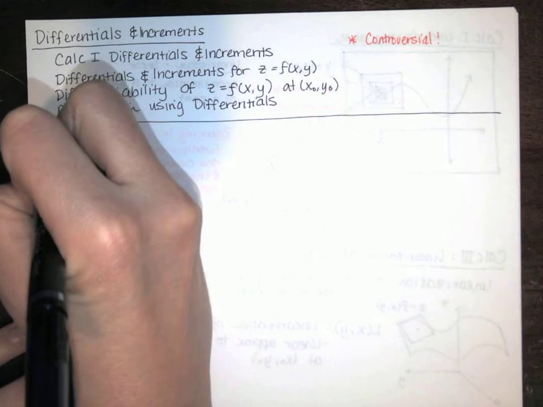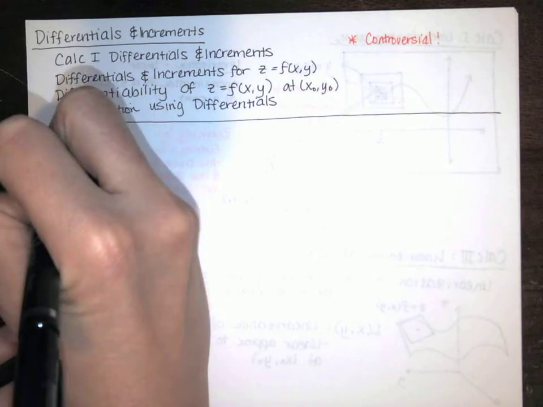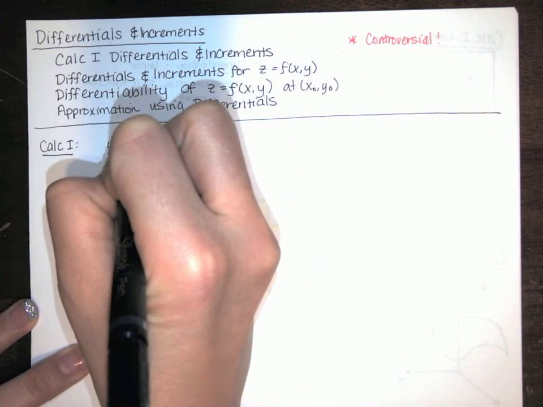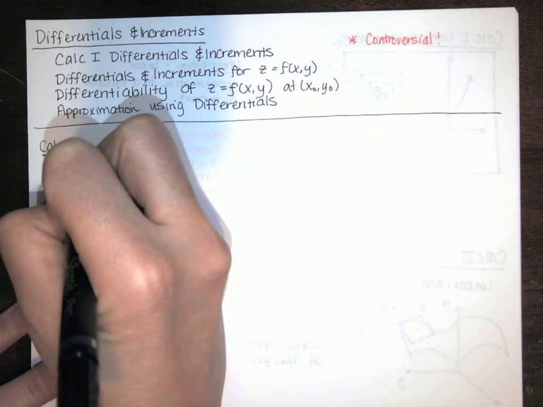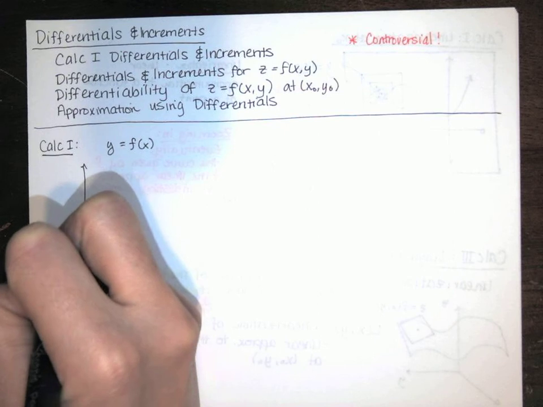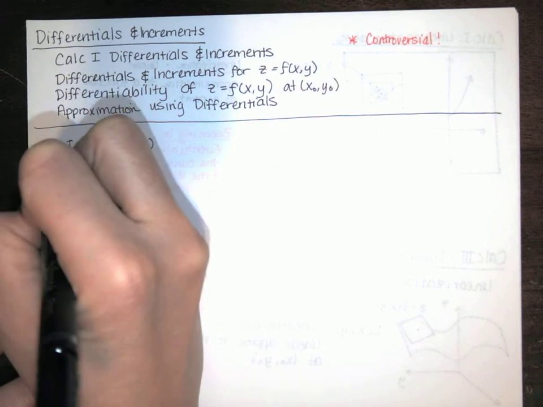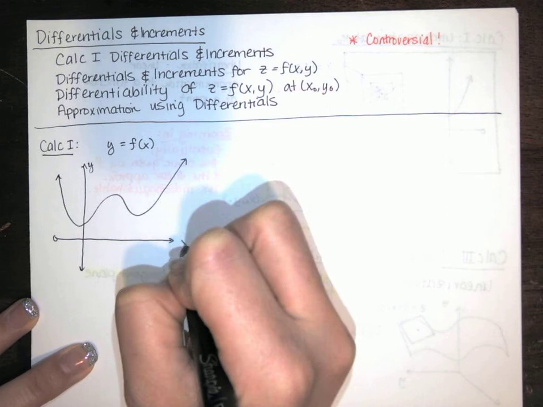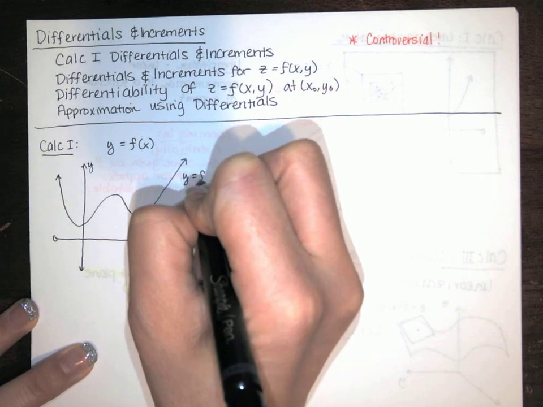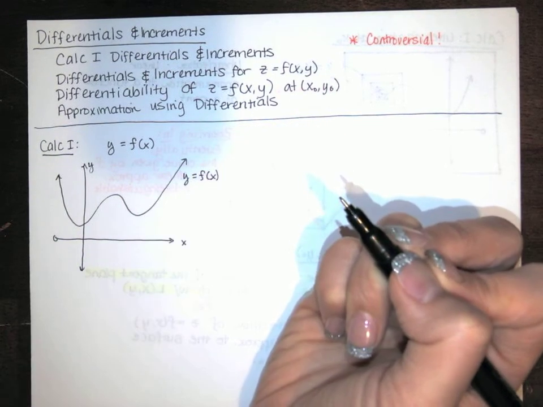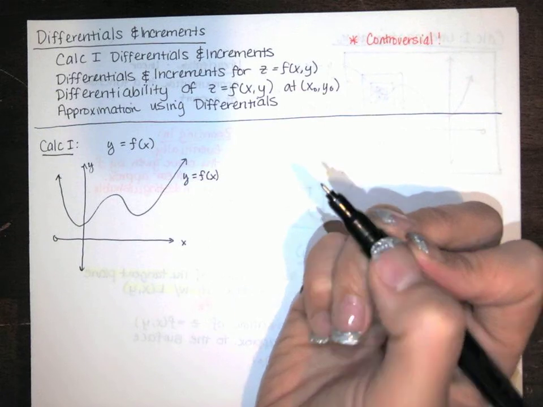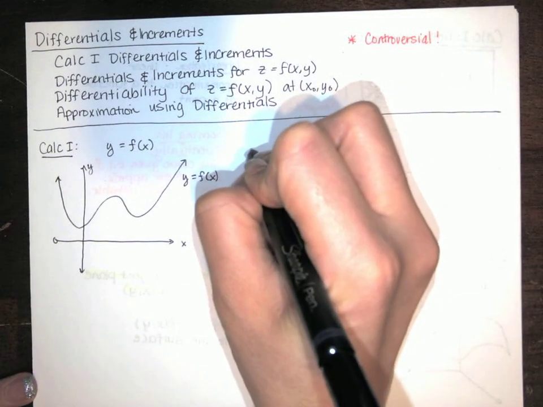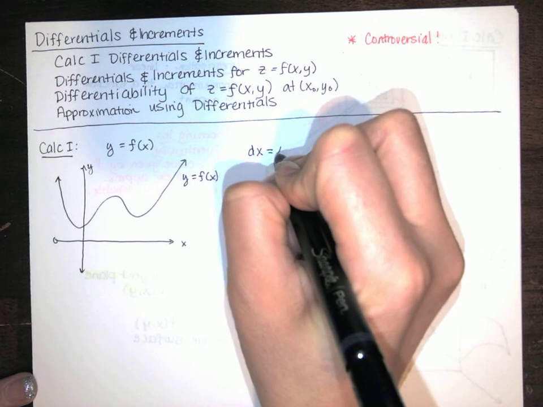Okay, so let's go back to Calc 1 and talk about what we learned in Calc 1 about differentials. So in Calculus 1, you had a function y equals f of x. And maybe it looked like this. We would use this notation, delta x and dx.